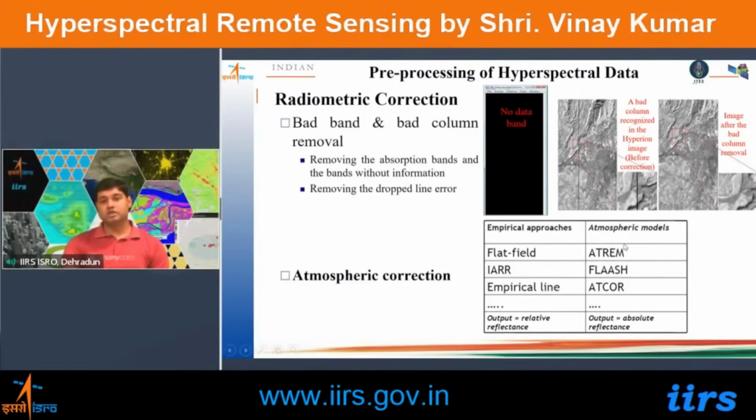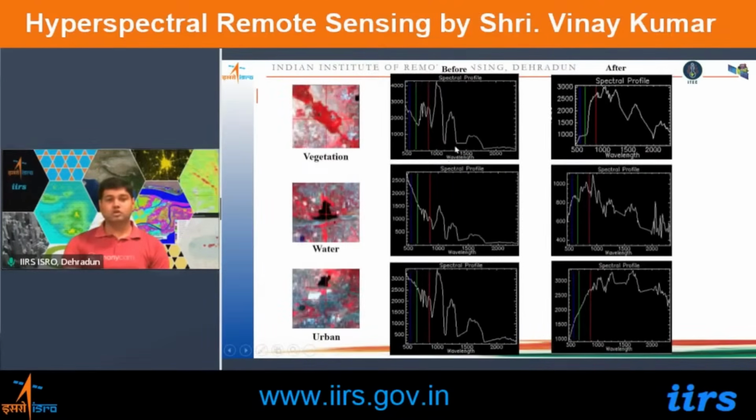By using that, we can convert to absolute reflectance. This is the data corrected through the FLAASH model, using the radiative transfer model MODTRAN. You can see the reflectance curve for different features like vegetation, water, and urban.